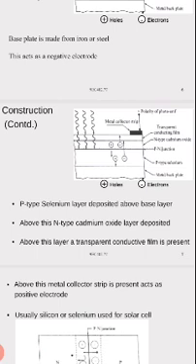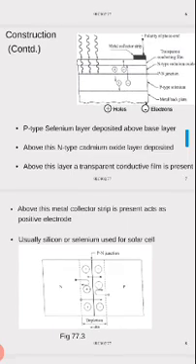Above this metal collector strip is present, acts as positive electrode. Usually silicon or selenium used for solar cells.